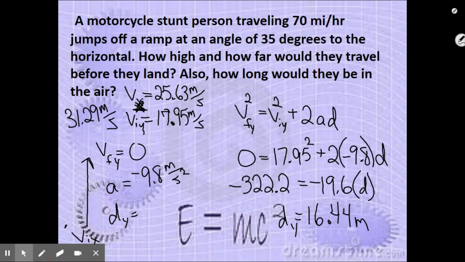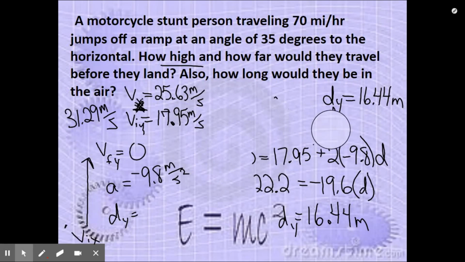So we've solved the first part, so I'm going to put that up here. Dy equals 16.44. Now we need to know how far did it go.